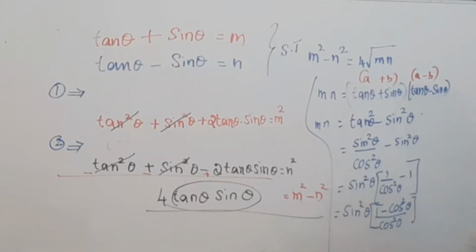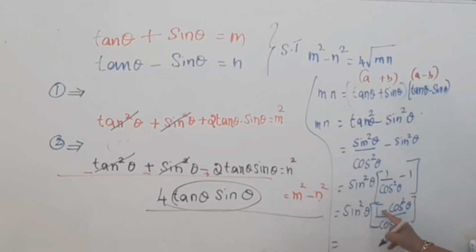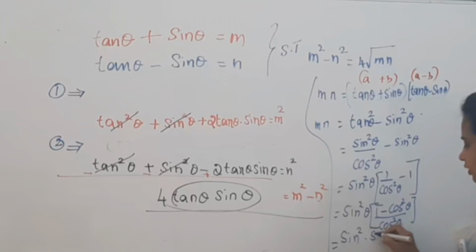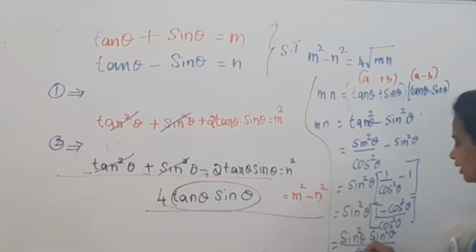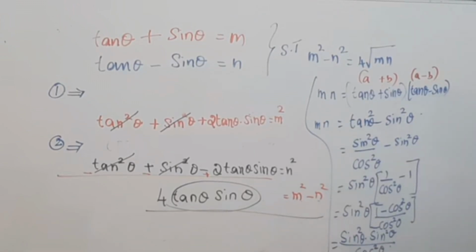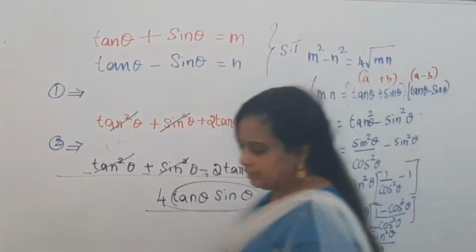Hope you understand this point. So 1 minus cos square theta is nothing but again sine square theta. So sine square theta into sine square theta divided by cos square theta.